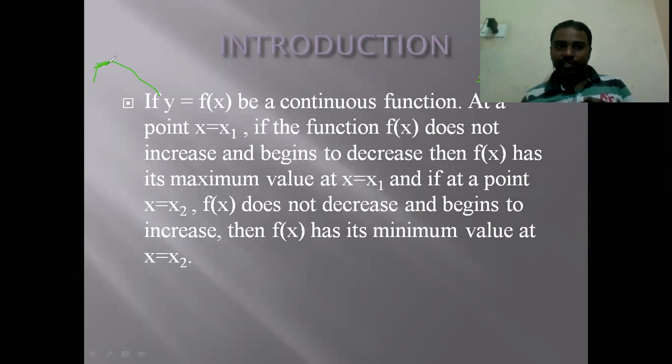From a point where the function is decreasing, we say it is a maximum value. From a point where the function is increasing, it is called a minimum point.